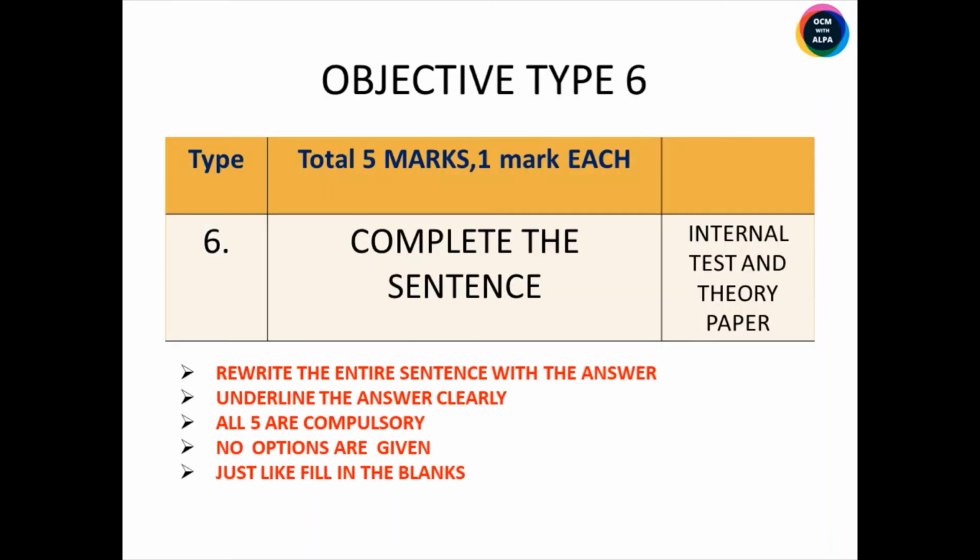So this is how you will be mentioning it. Going to the next type, complete the sentences. This is yet again the good old fill in the blanks. Underline your answer clearly. Rewrite the entire sentence. Remember, you have to learn the answers. No clues, no options are provided. So you have to complete the sentence on your own.